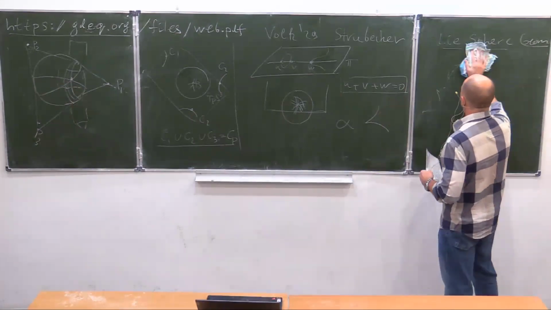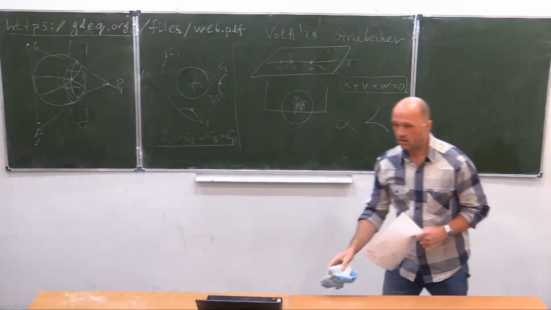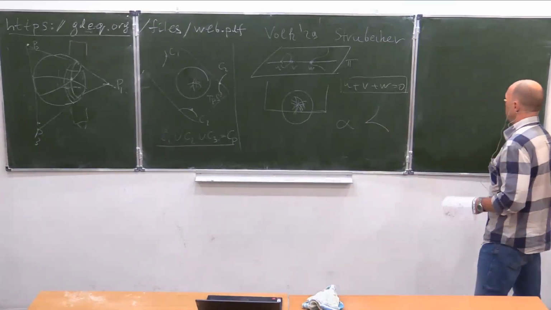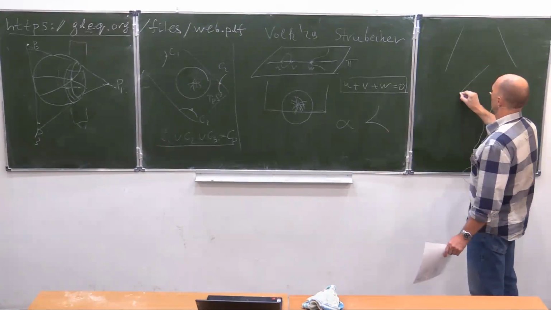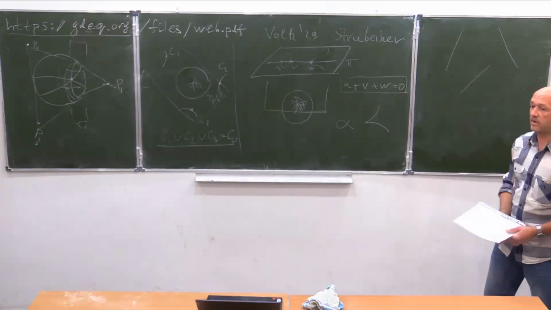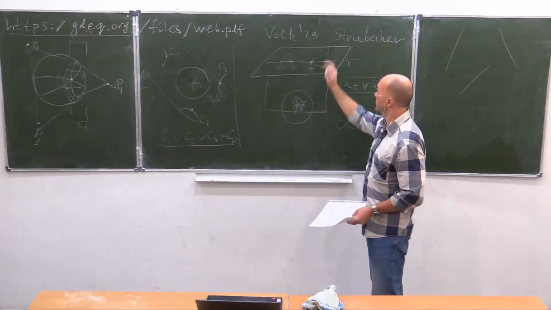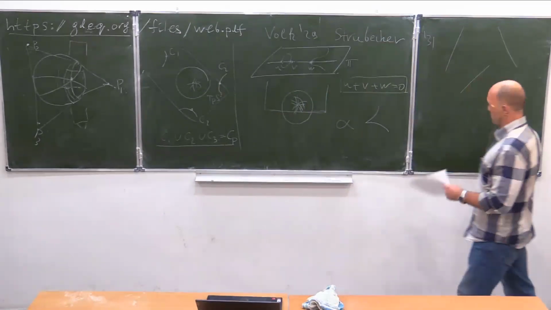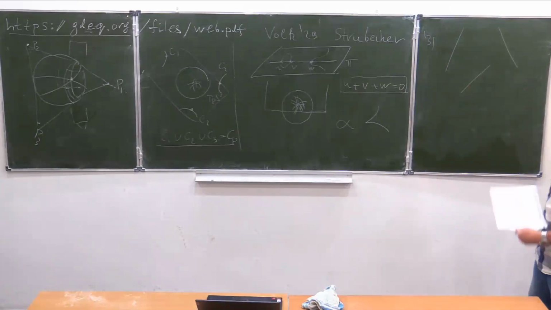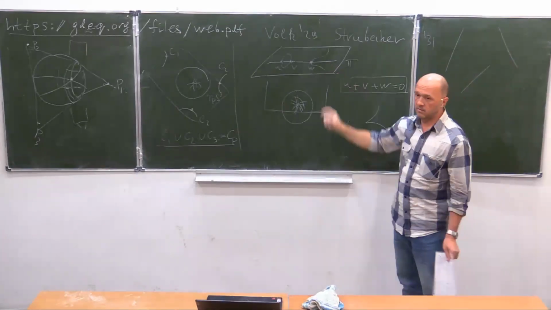Well, what would be the next simplest case? The next simplest case would be to consider three lines. If these three lines are coplanar, we know from results of Volk and Strubecker, Strubecker 31, that if they are coplanar, this is a cubic, right?